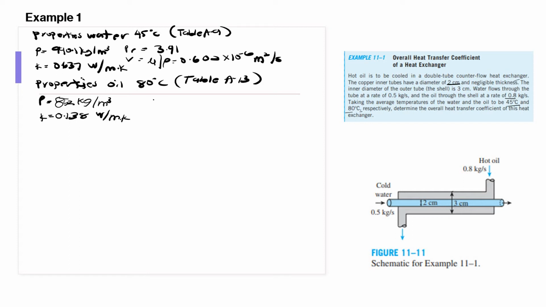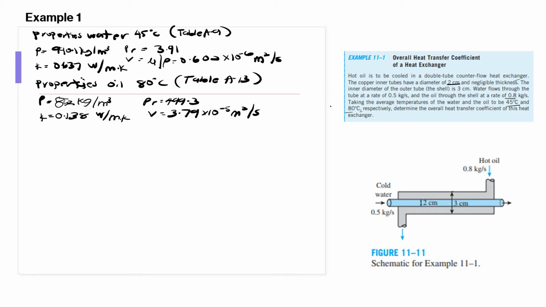For the Prandtl number, 499.3, and for the kinematic viscosity, 3.79 times 10 to the power of negative 5 meter squared per second.